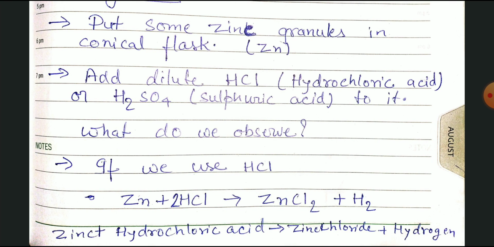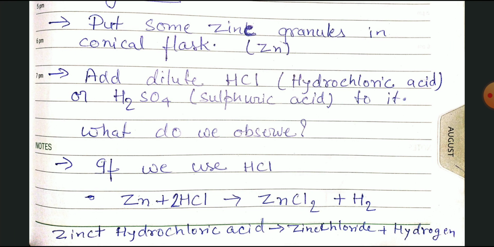Now the next activity is activity 1.3. Maybe due to cropping of the image, some data has been mistaken, but no problem. In activity 1.3, they have taken some zinc granules in a conical flask, that is zinc, Zn. Add dilute hydrochloric acid or sulfuric acid, that is HCl or H2SO4.